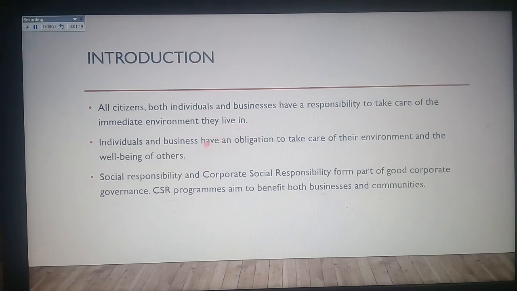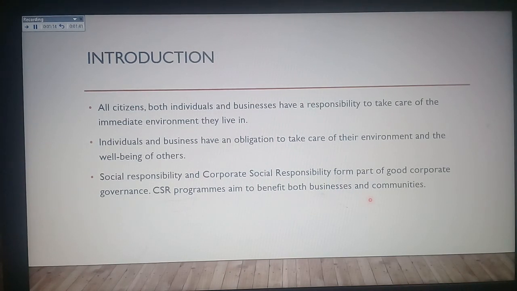Individuals and businesses have an obligation to do what? To take care of the environment and the well-being of others. Again, we need to make sure that other people's well-being is prioritized. Social responsibility and corporate social investment form part of what we call good corporate governance.